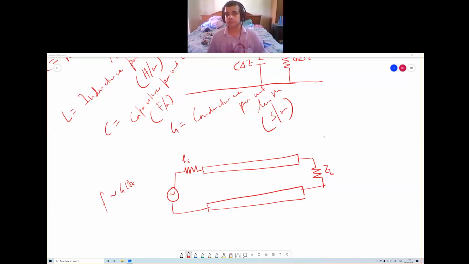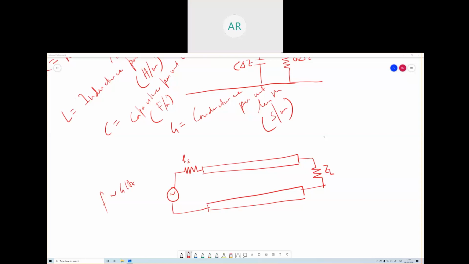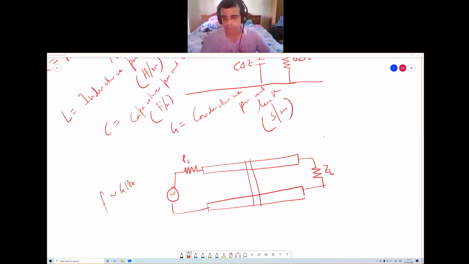So we can take a small element of the line. Excellent. Absolutely right. We take a very small element of length delta z. The element is so small that even if the wavelength is small, it is still much larger than this delta z.